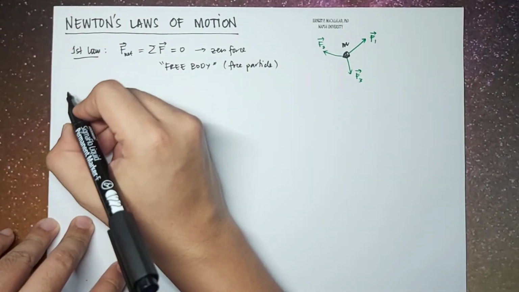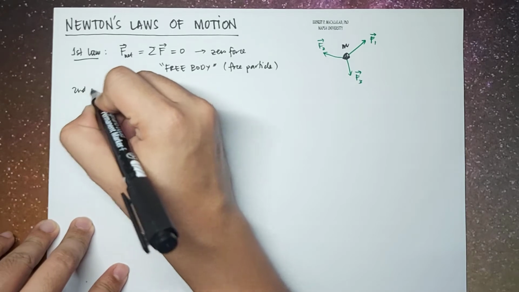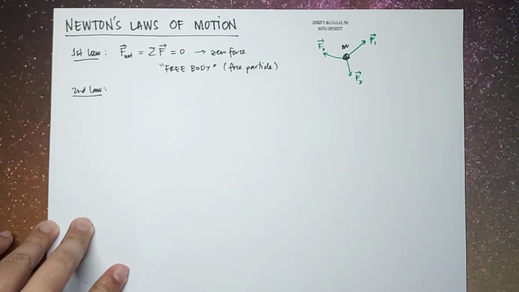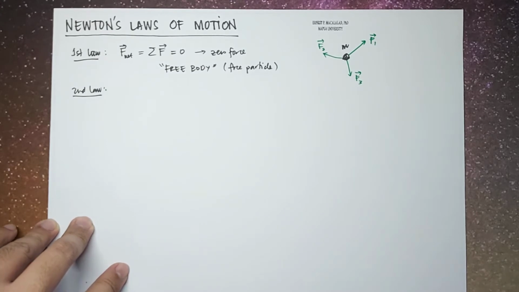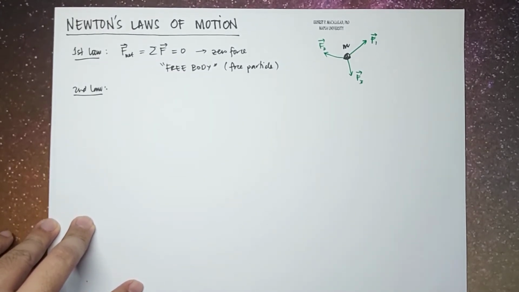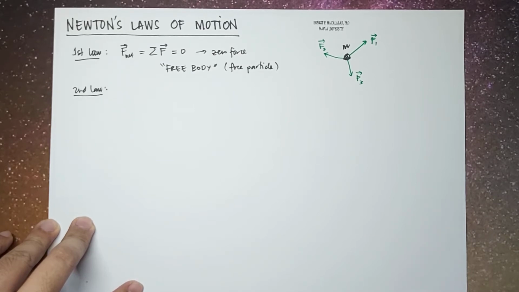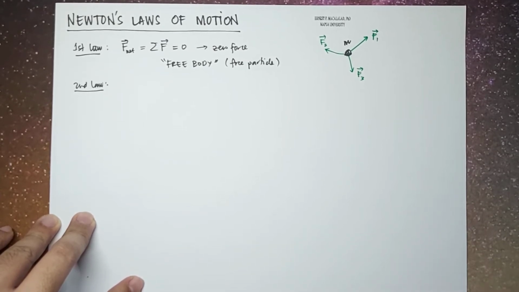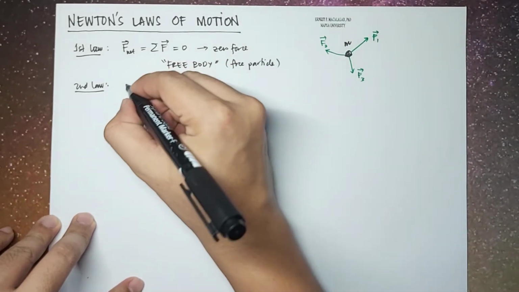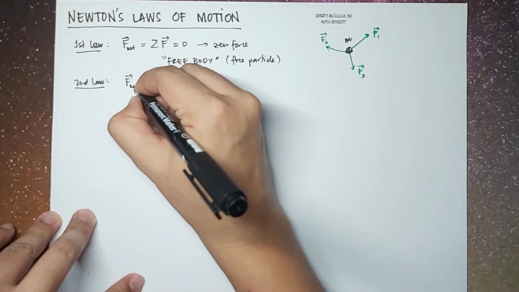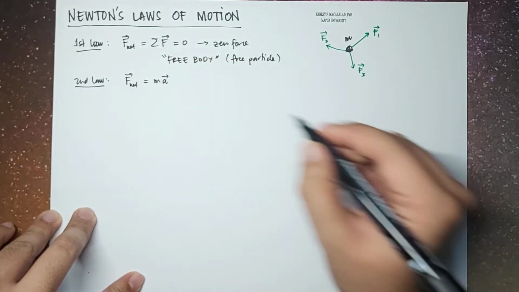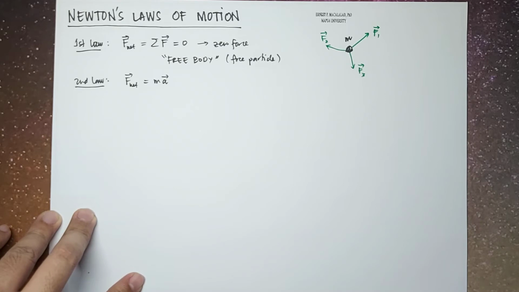Now, the second law of motion, on the other hand, states that a body acted upon by a force moves in such a manner that the time rate of change of momentum equals the force. But originally, this is said as: the net force acting on the particle is just equal to the mass times the acceleration.